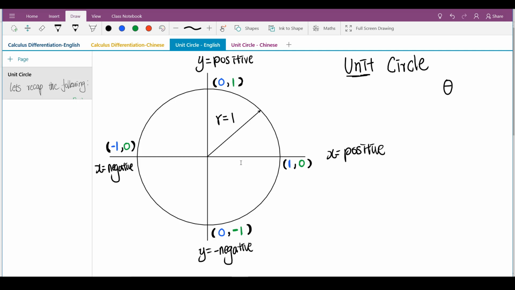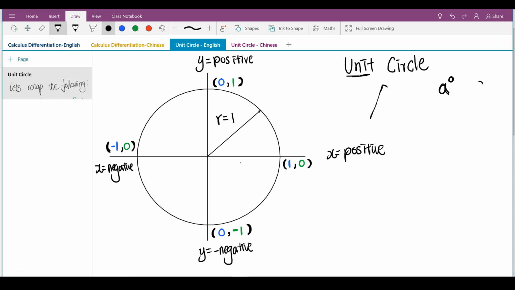So mathematicians need something else. Something that doesn't really change. And that's where they discovered to use, sorry, no, they use radian, not pi. They use radian. For degree we use a little circle, right, to represent degree.